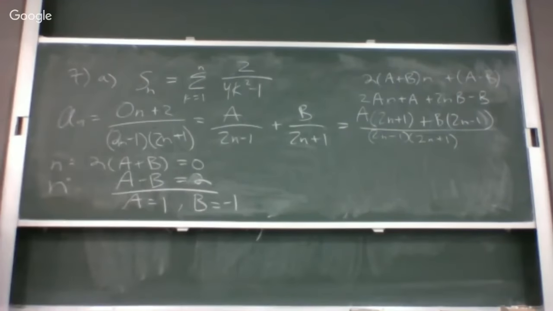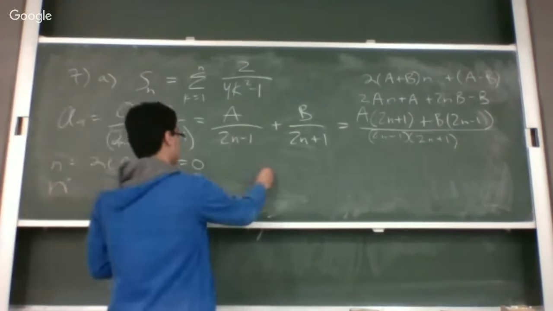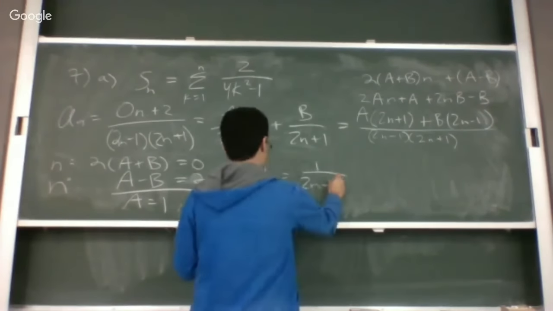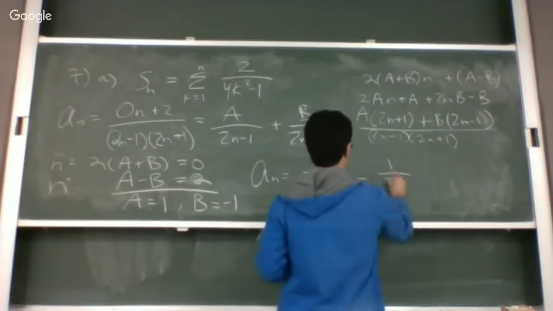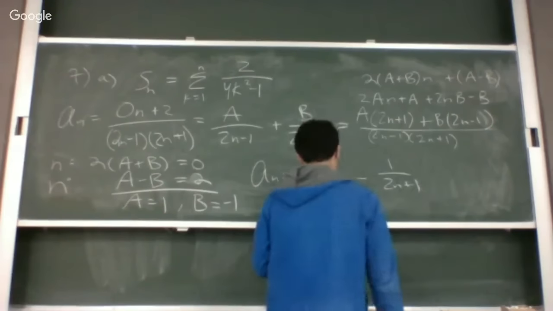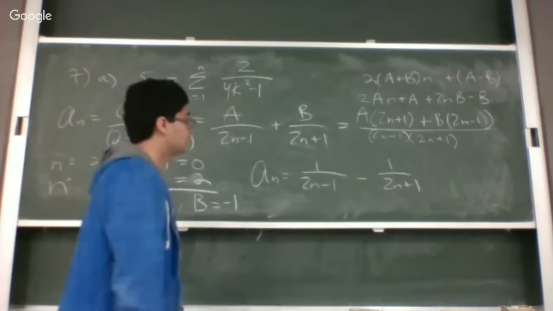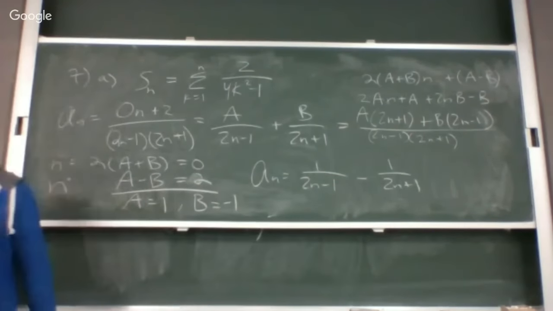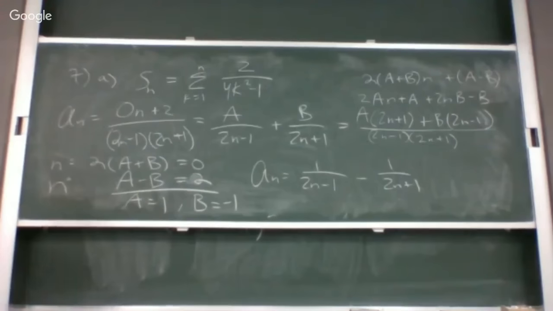Any questions on that? So then our a sub n is equal to 1 divided by 2n minus 1 minus 1 over 2n plus 1. And just by looking at those two fractions, you should know what kind of series this is. Telescoping.